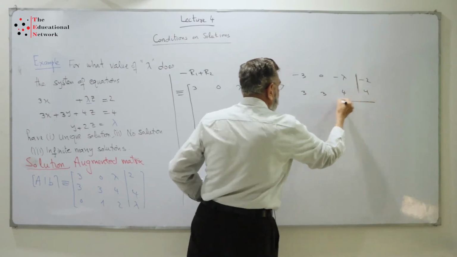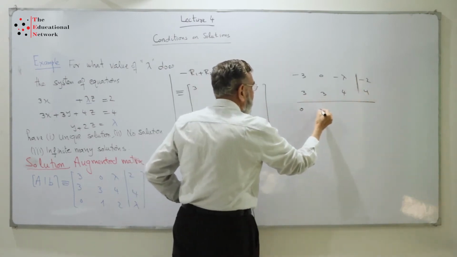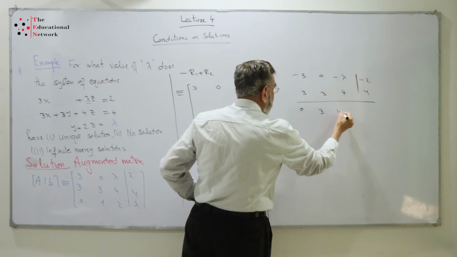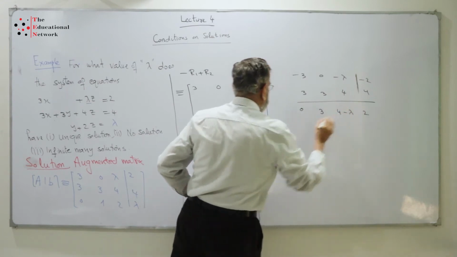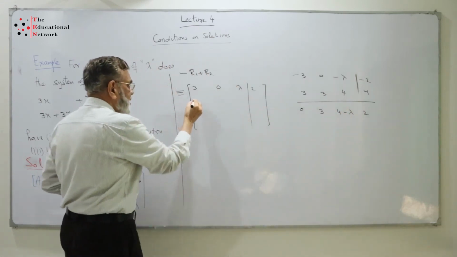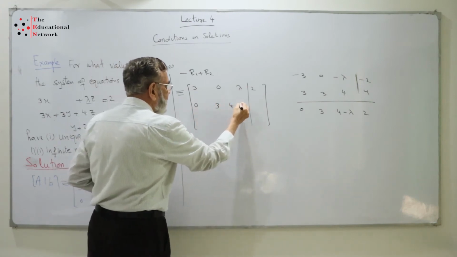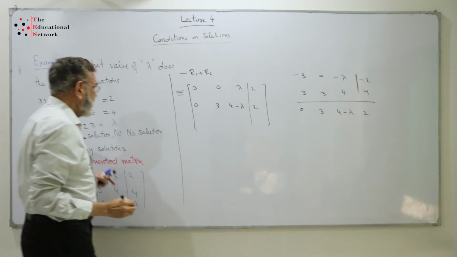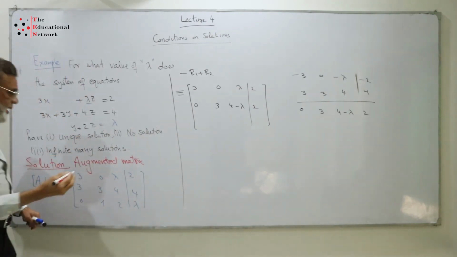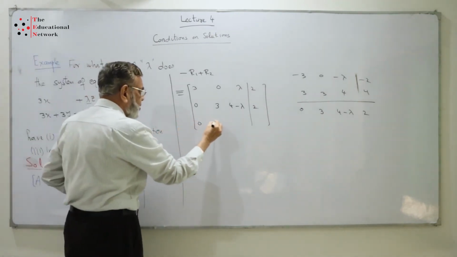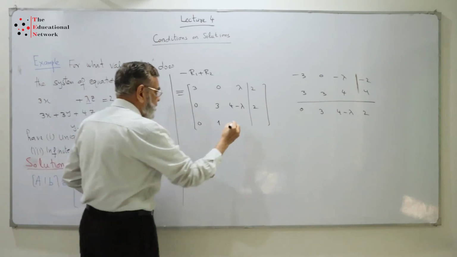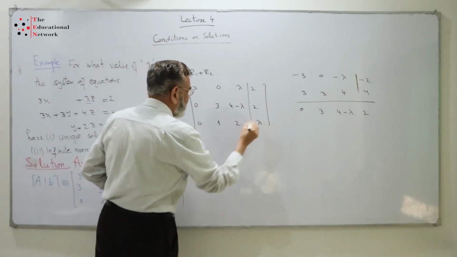So we add this one. Our new row will be 0, 3, we're having 4 minus lambda, we get here 2. So I can write here, this is my 0, 3, 4 minus lambda, and 2. And here there is already 0, so we can write it. So we get here 0, we get here 1, we get here 2, and we get here lambda.